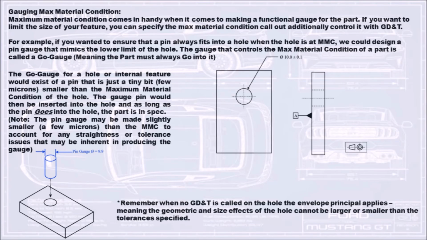The gauge that controls the max material condition of a part is called a go gauge, meaning the part must always go into it. The go gauge for a hole or internal feature would consist of a pin that is just a tiny bit, a few microns, smaller than the maximum material condition of the hole. The gauge pin would then be inserted into the hole, and as long as the pin goes into the hole, the part is in spec.